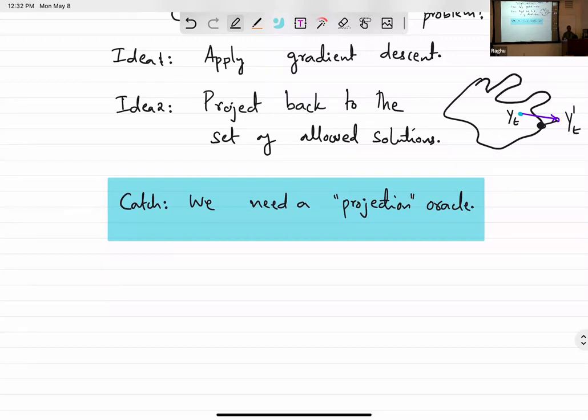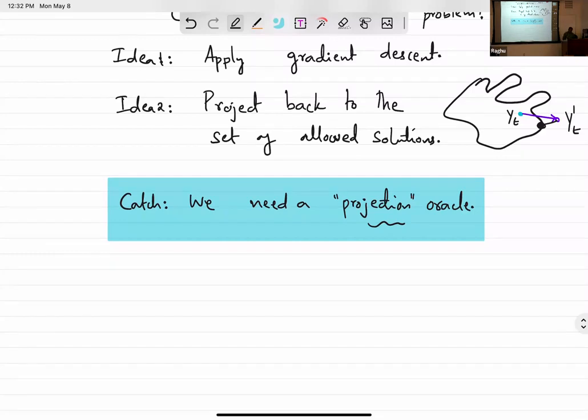What would give us a projection oracle? So what does it mean to project, right? Projection means find the closest matrix in my set to the matrix that I'm starting with, right? Yeah. You're saying SVD, right? So that's the grand punchline here, which is even though this is a crazy non-convex set, we can efficiently compute projections on it.